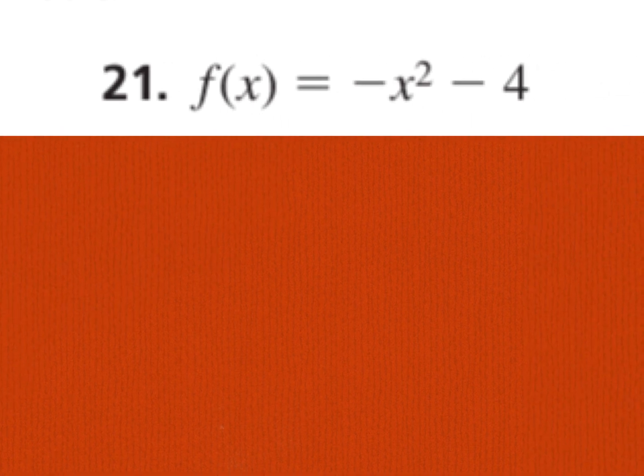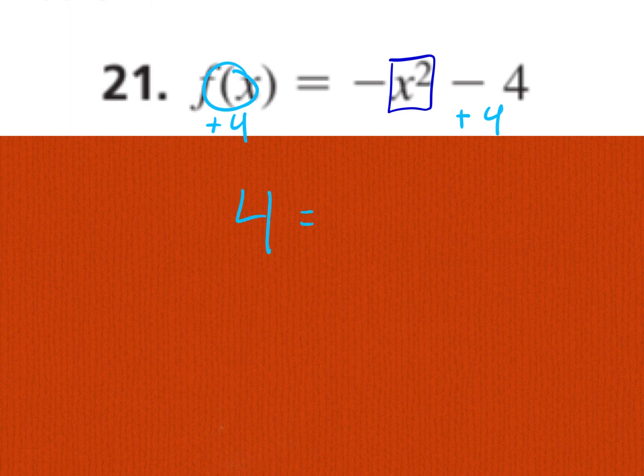Let's do 21. We want to get the x squared all by itself, so what should we move first? The 4. So we have to add 4 to move it to the other side. 0 plus 4 is 4. So 4 is equal to negative x squared. What would we do next? Awesome. Divide by negative 1. So negative 4 is equal to x squared.